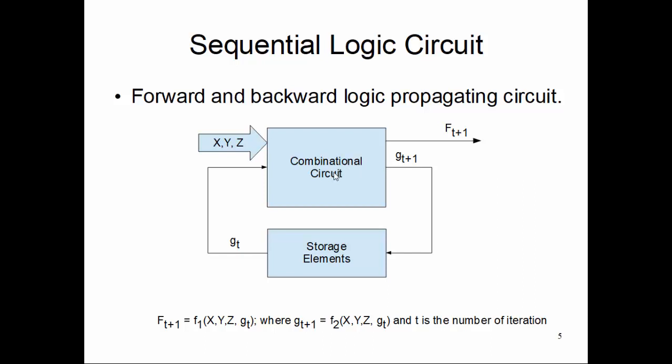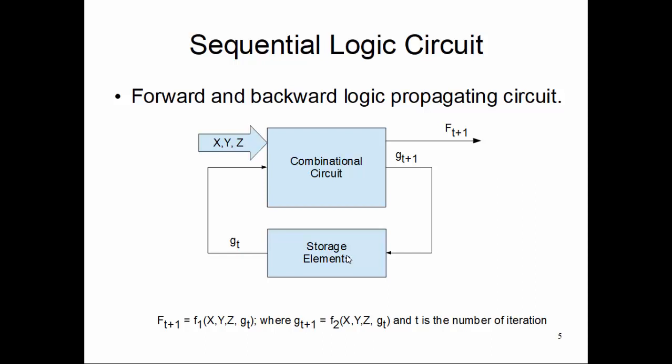Let's say I am going for a computation iteration of 10, which is like my function is going to be t plus 1, let's say that is 10. And this combinational circuit also can spit out another Boolean function output gt plus n, g10 in this case. That g10 gets stored in the storage element to be used in computation for 11th iteration.